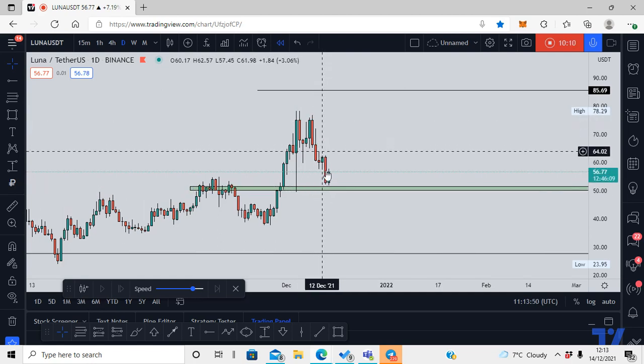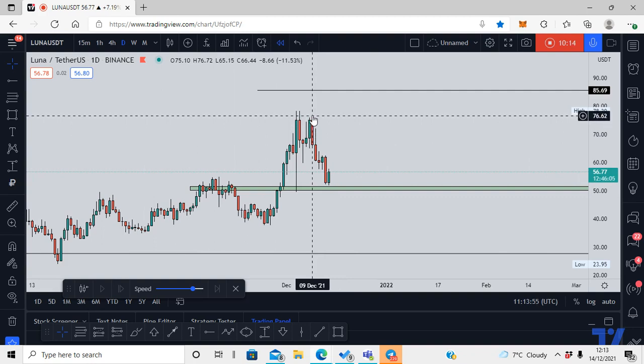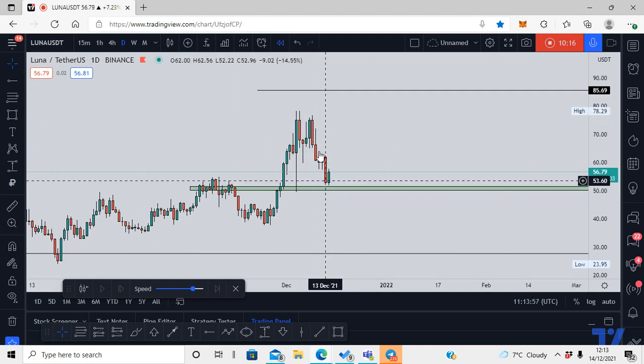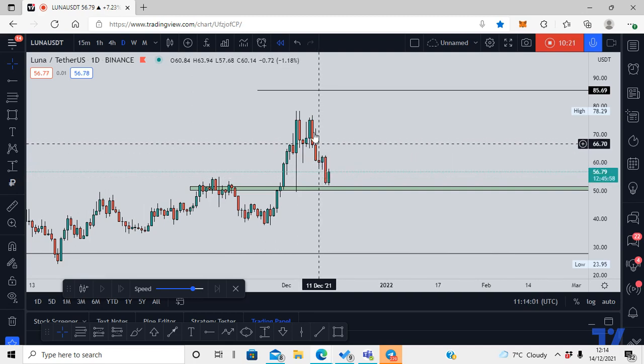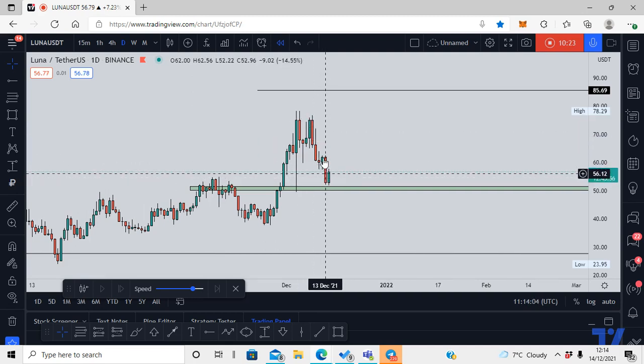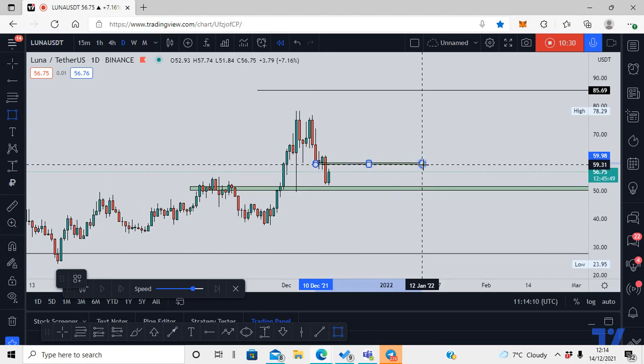So when we have one candle which is not related to the move, so in this case, this is a bearish move from this high to this low. This is a bearish move. This is a bullish candle which is not related to this bearish move. Therefore, this green candle, this bullish candle, will act as a level of resistance until we break above it.